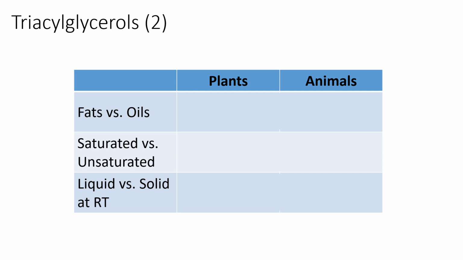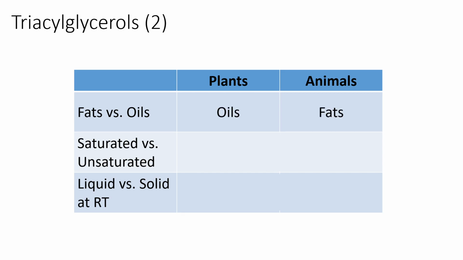So let's now switch gears a little bit and think about triacylglycerols as a form of storage that we see in plants and compare them to what we see in animals like us. There are 3 main categories where we see differences. The first one is whether these triacylglycerols contain solid fats or oils.